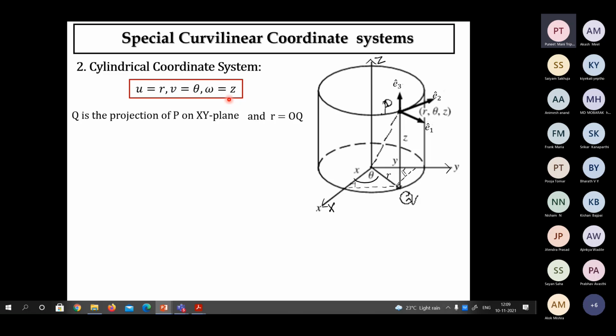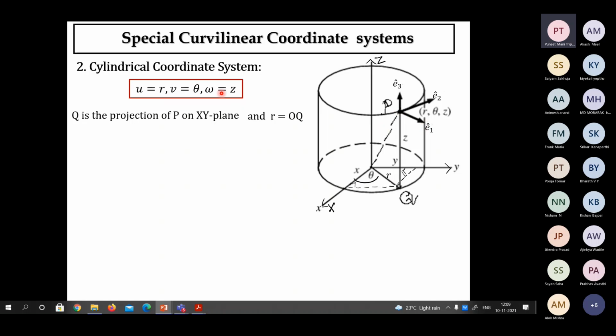Next, when it comes to the unit vectors, the first parameter is r, so the corresponding unit vector will be in the direction of r. See this r, it is pointing this way. So at the point you have to indicate the radial direction, and you can mark E1 pointing in the direction of r.